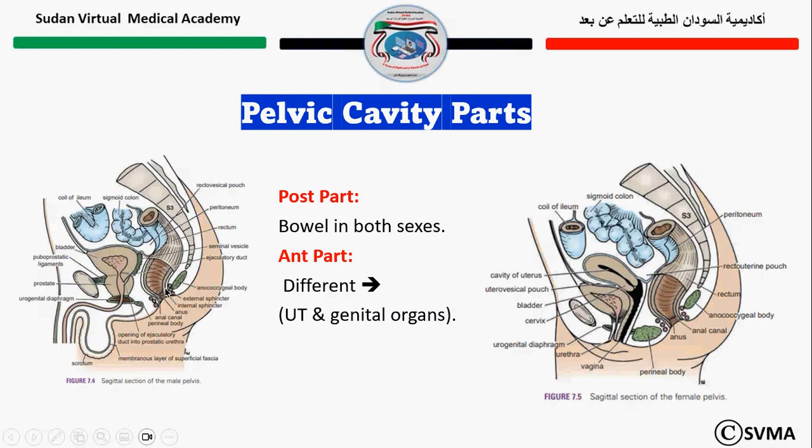They are similar in both sexes. So when we cover the anatomy of the posterior part, we will speak as if about one sex. There are no major differences in the posterior part of the pelvis between males and females, because it has the same bowel content.